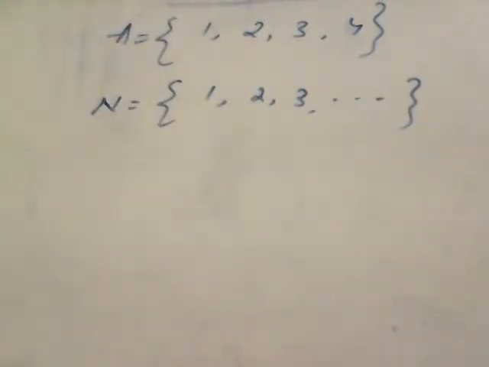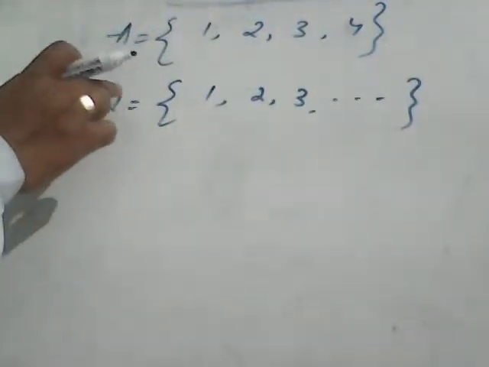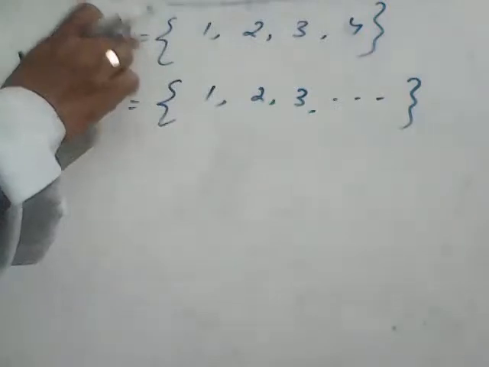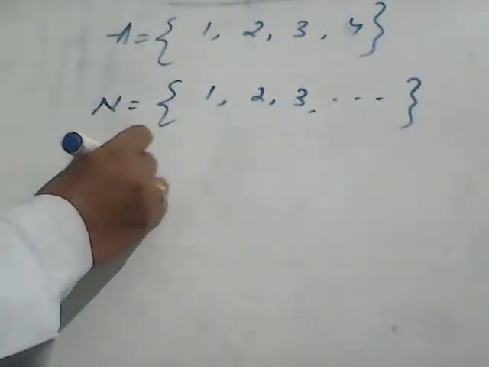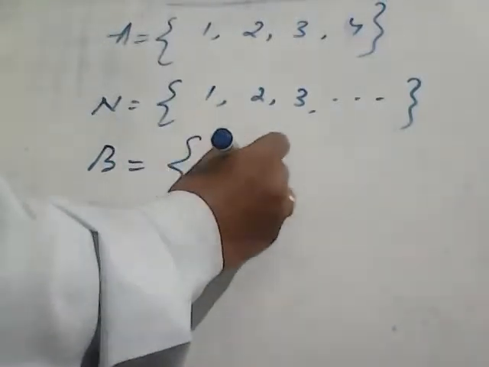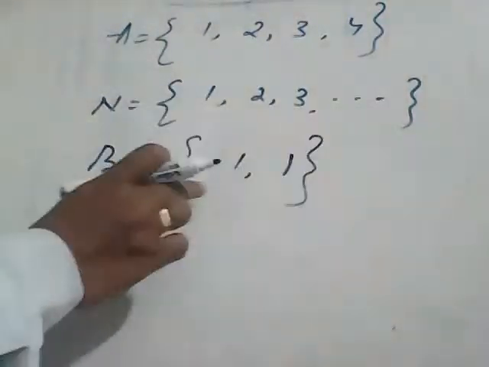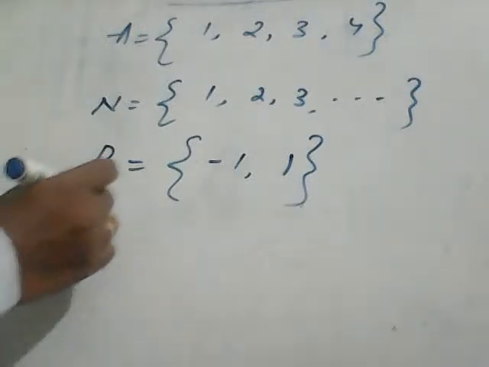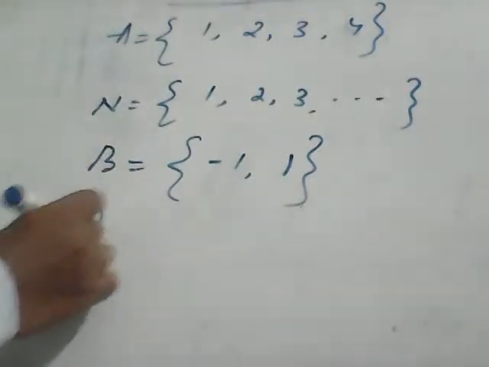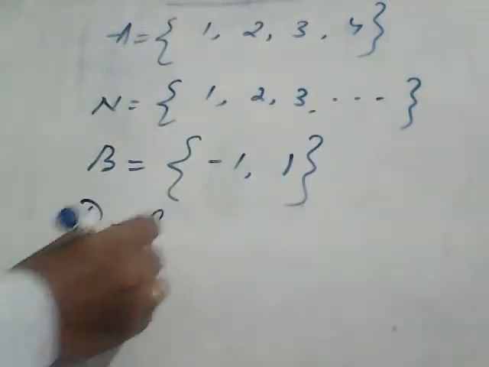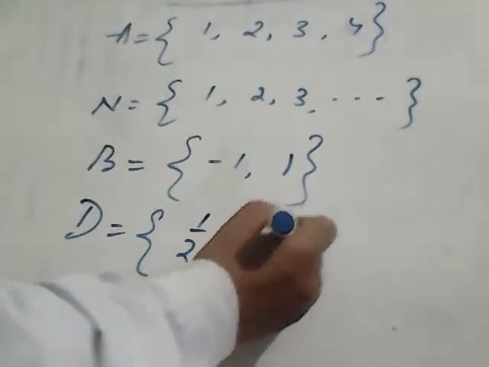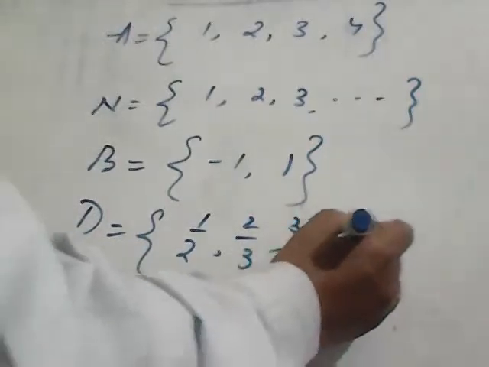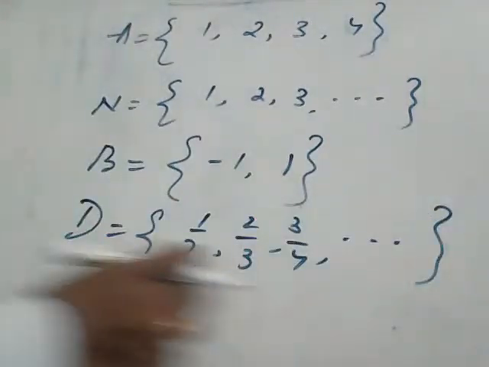So A is a finite set, N is an infinite set. Suppose B is the set containing -1 and 1. It is a finite set. Then D is written as 1 by 2, 2 by 3, 3 by 4, and so on. It is an infinite set.